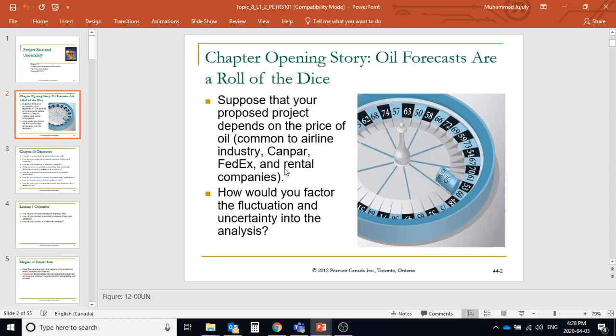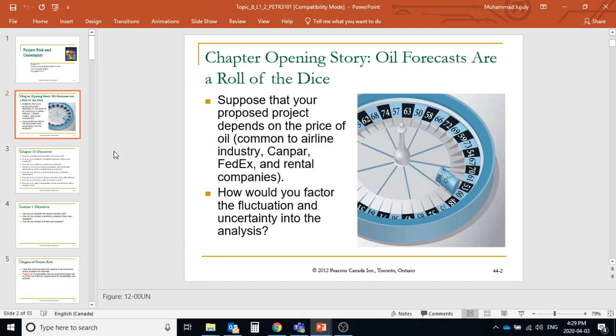So for project risk and uncertainty, there are lots of different examples we can give. One example would be the oil forecast. Right now the oil price is really low, and in the future, how can we predict if the oil price is going up or down?